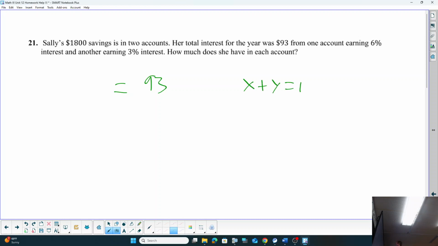Is that x plus y, I think, is $1,800? And then, let's see here, her total interest for the account was $93 total. And so, from 1 account, she earned 0.6% interest. And the other account was going to be 3%. 3% interest is what we're looking at there.